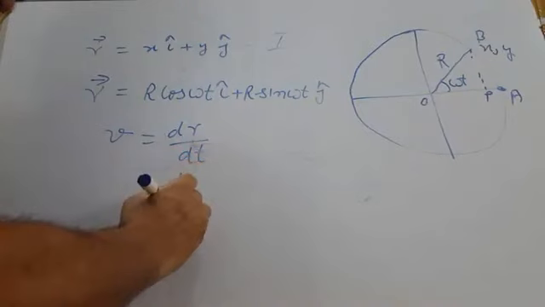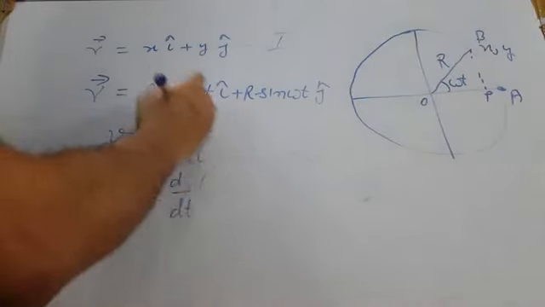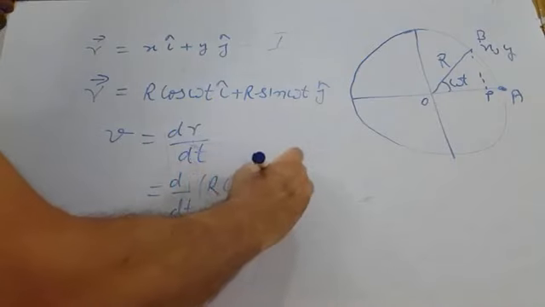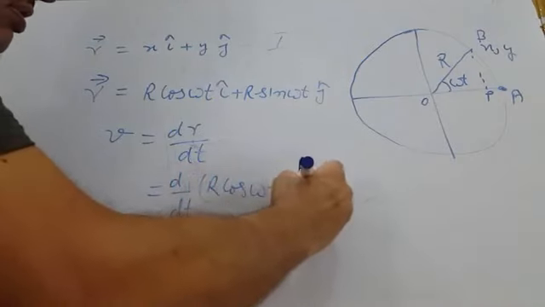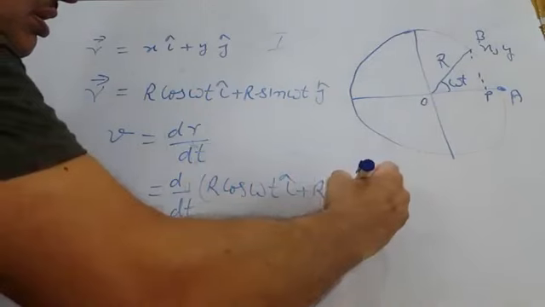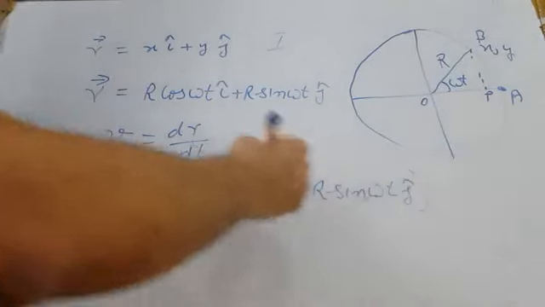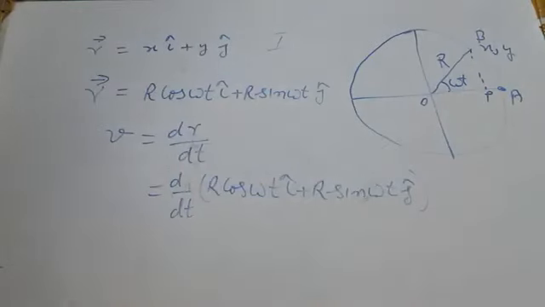So d upon dt of this r, which is r cos omega t i plus r sin omega t j. We will differentiate this equation.